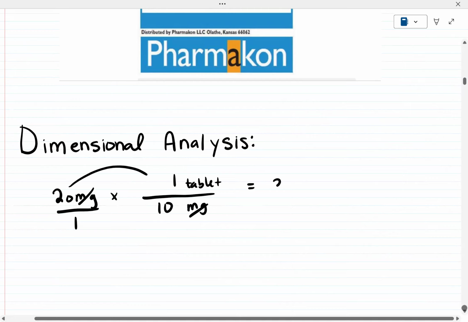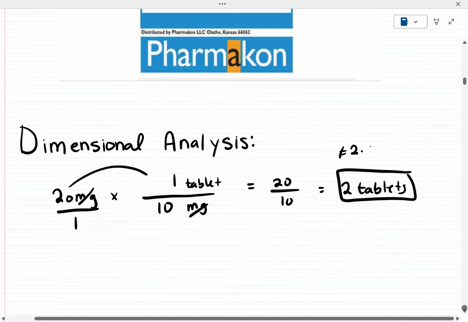So 20 times 1 is 20, 1 times 10 is 10, and 20 divided by 10 is 2 tablets. The direction did say round to the nearest tenth, but 2 tablets is perfect. We don't include trailing zeros, so you don't have to say 2.0 tablets, right? That'd be wrong.